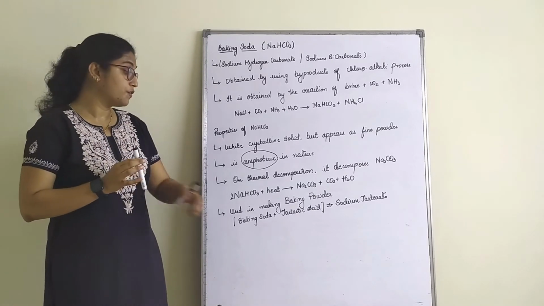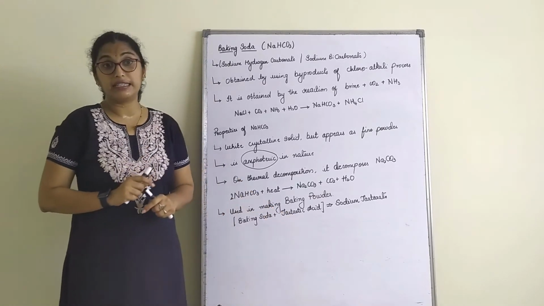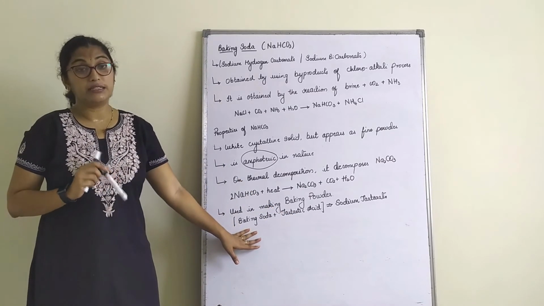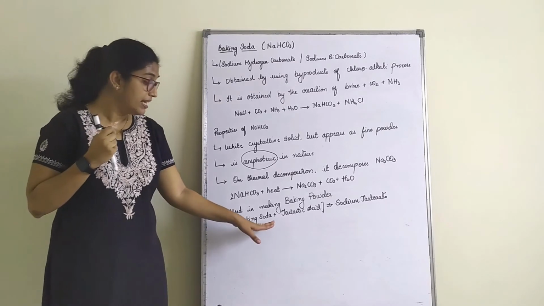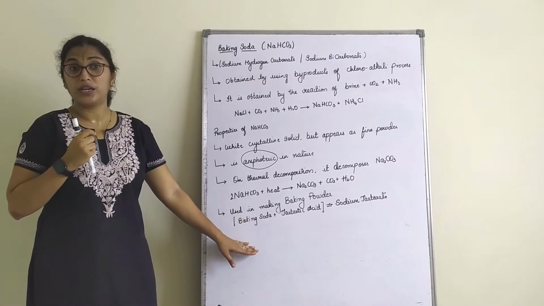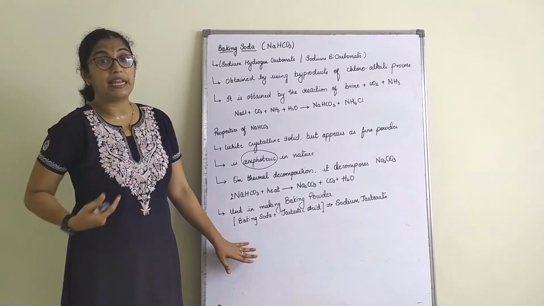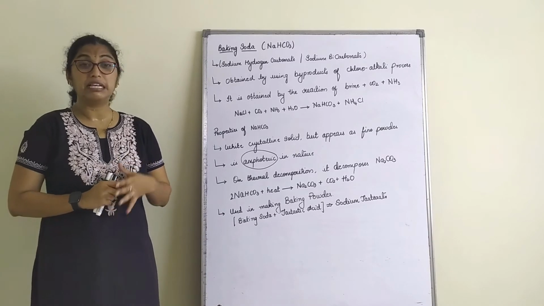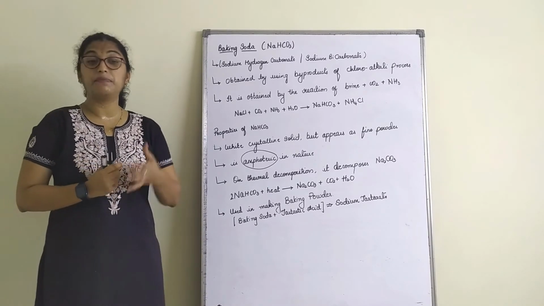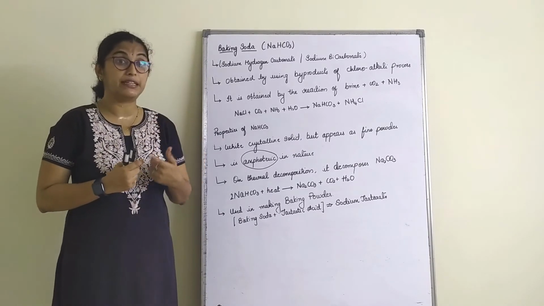That's only because of the presence of tartaric acid. Now, baking soda, since it's a base, is bitter in nature. That means if you add only baking soda, why not give it a try, the cake texture, everything might come, but the cake will taste bitter.